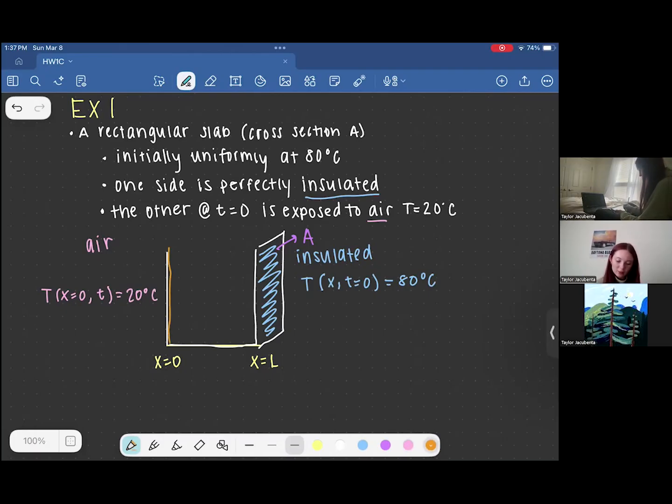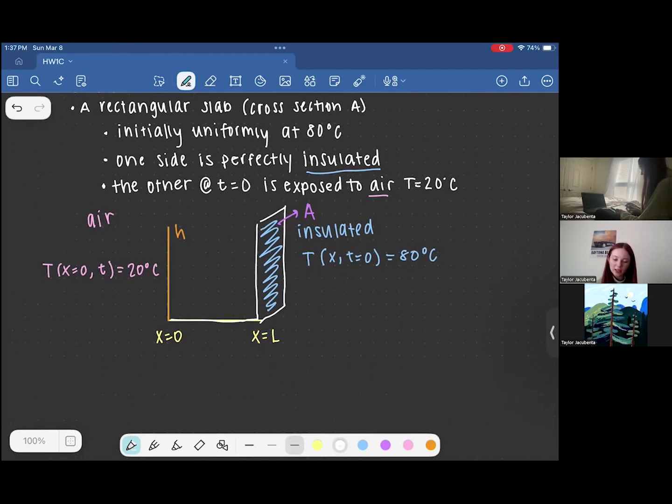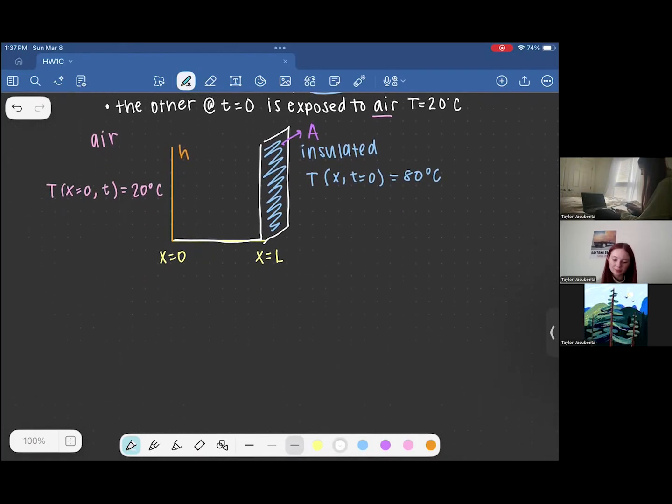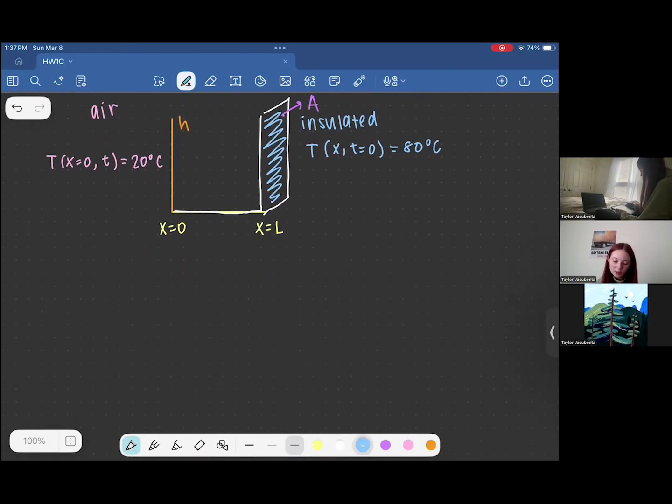This is going to be showing the height of our slab, which is going to be denoted by H.